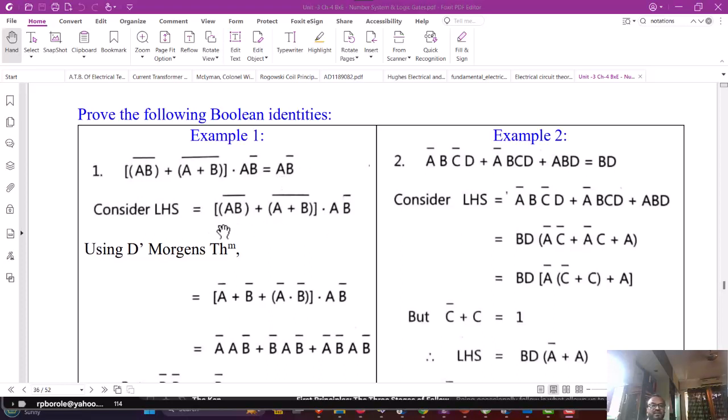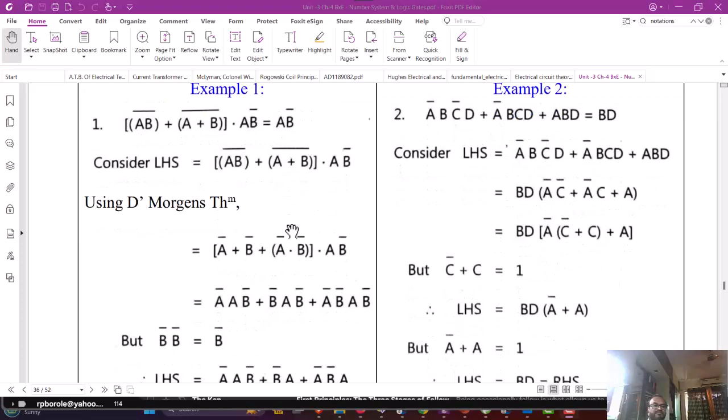Let us consider the LHS. Let us apply De Morgan's theorem. Here, the complement of a product is the OR of the complements. So, (AB) bar is equal to A bar or B bar. So, here we will replace it with A bar or B bar.